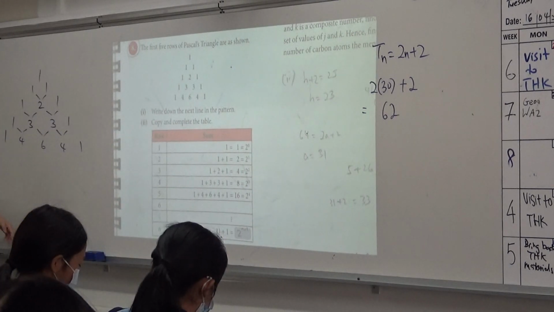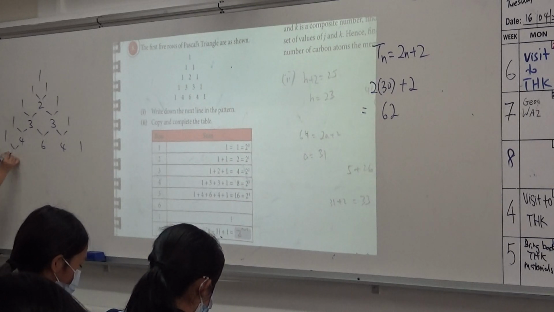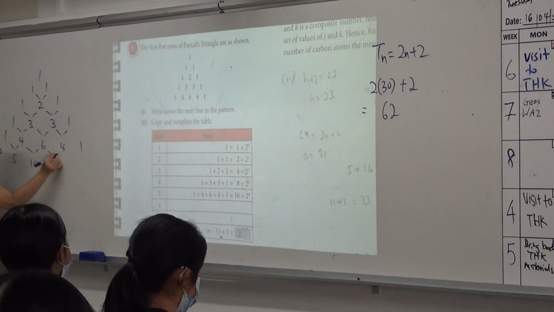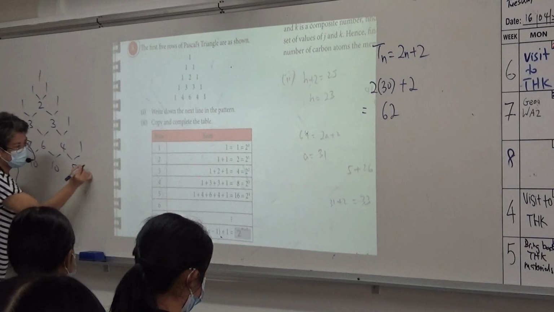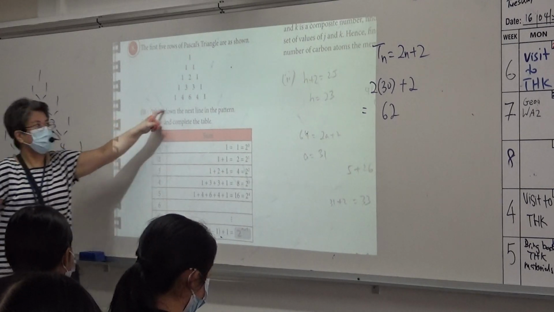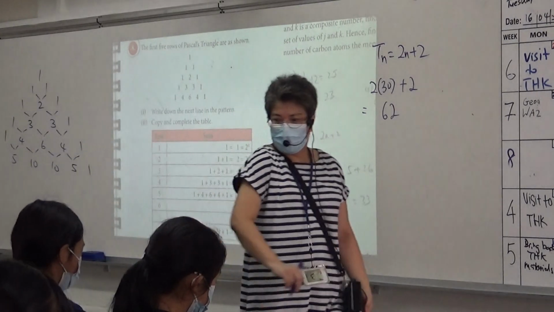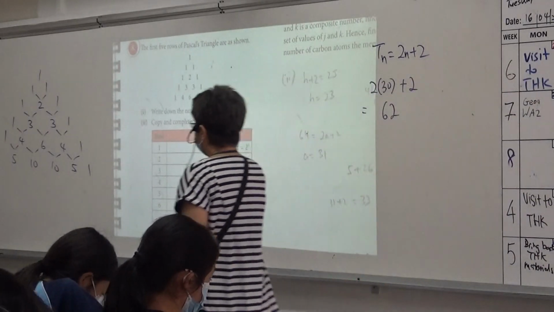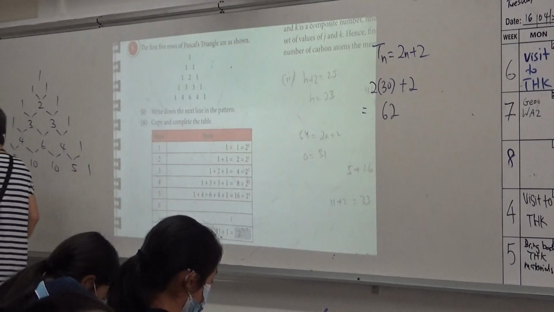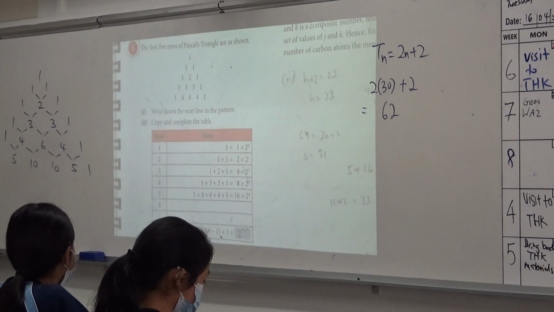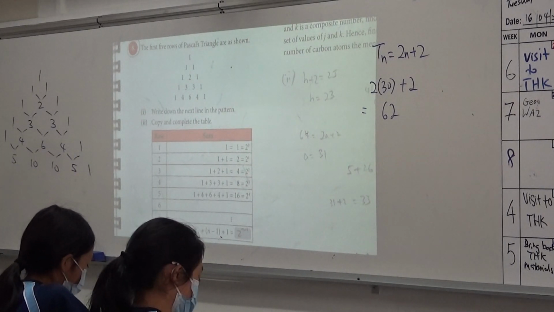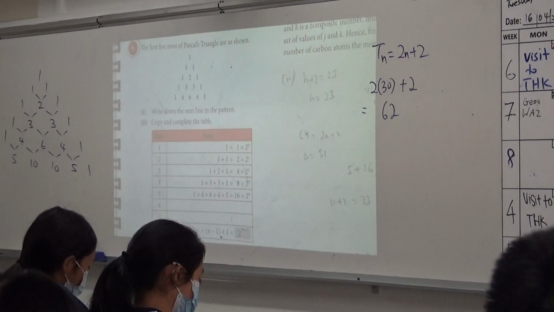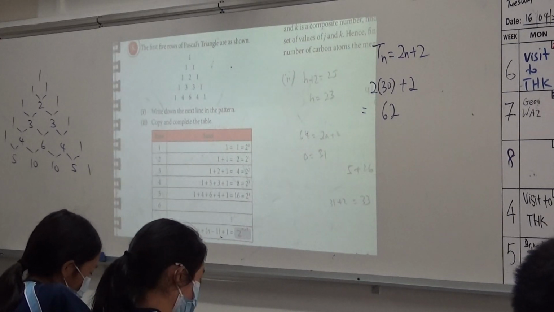Tell me what will be the next line. 1, 5, 10, 10, 5, 1. Can you write below here? The next line will be 1, 5, and so on and so forth.